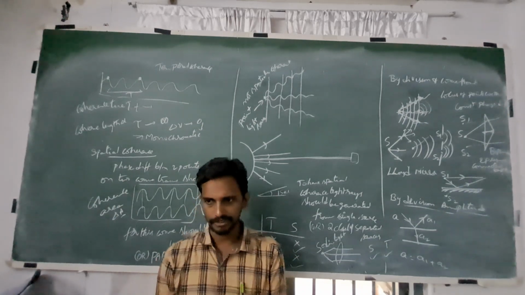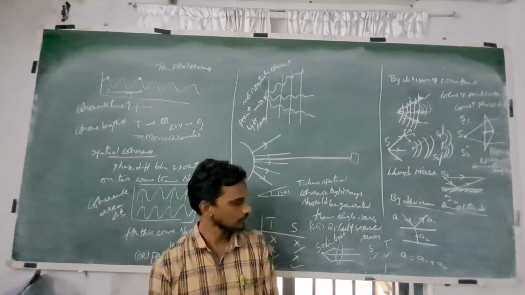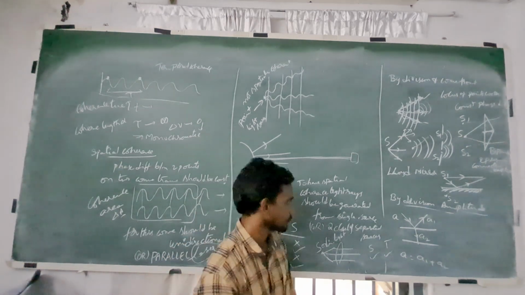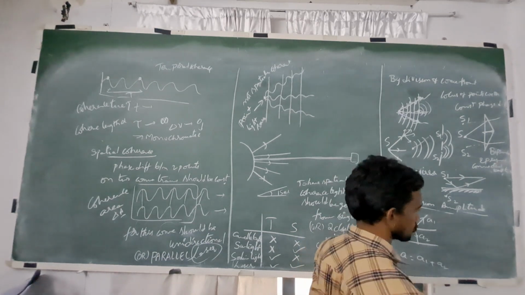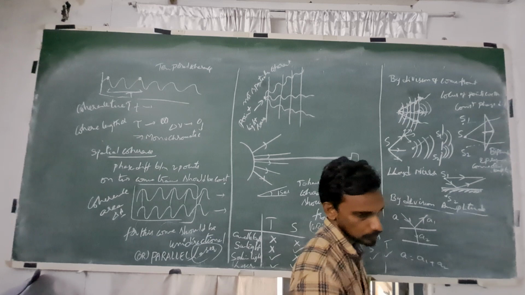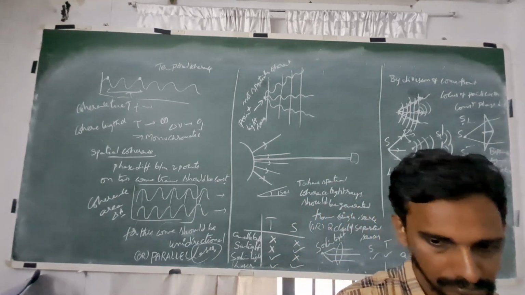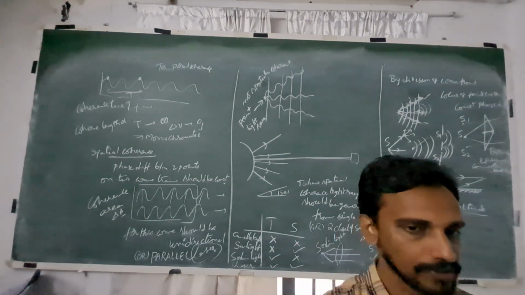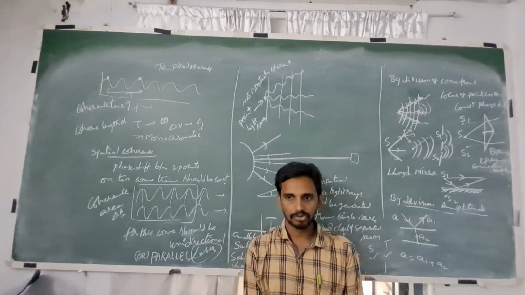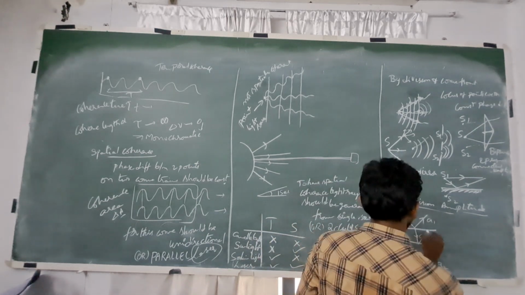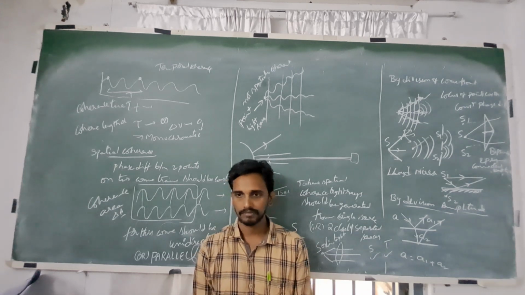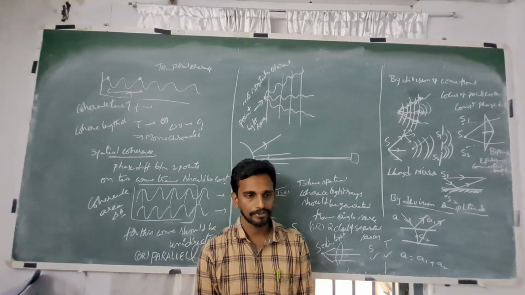So amplitude gets divided. So we have to use reflecting or refracting surfaces to develop two coherent sources by division of amplitude.